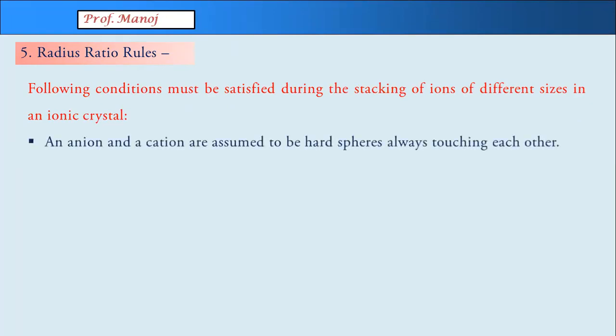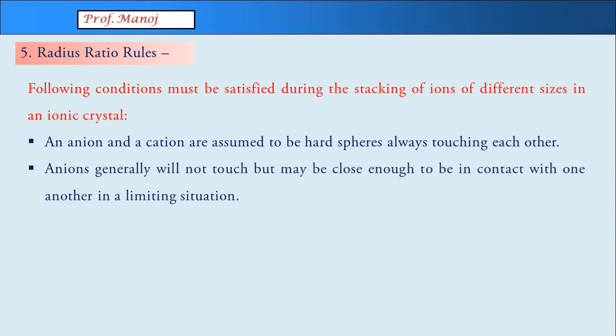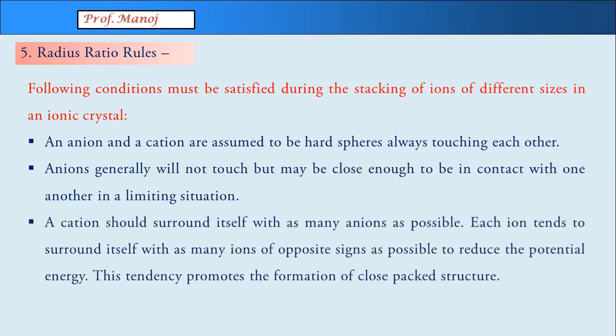Number one, anion and cation are assumed to be hard spheres. Always they will touch each other, but only cation and anion, not two anions or not two cations. Anions generally will not touch, but they will be close enough so that they will have enough force of attraction. Cation should surround itself with as many anions as possible so that you can have a proper closed pack structure.